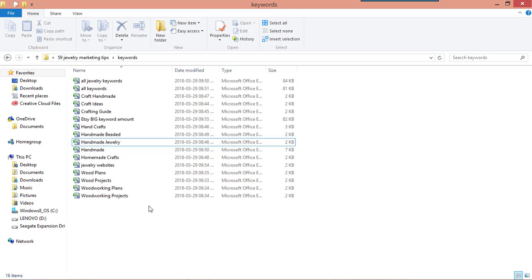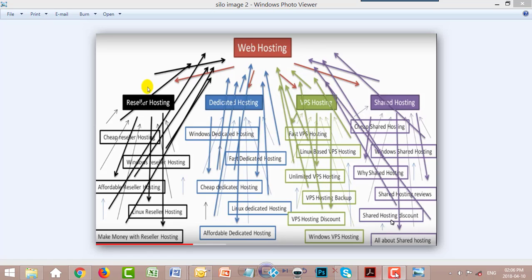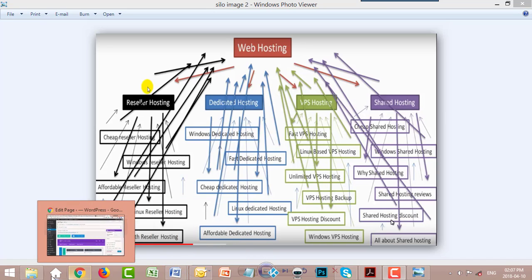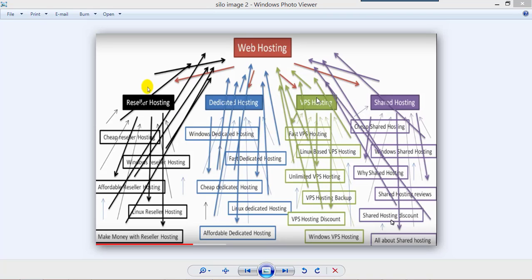Now, to not waste another 5 or 10 minute video on silo structuring, these have to be built into a system on your website that works. In fact, let me pause this video and find you a picture and show you what I'm talking about. Here we go. So this is silo structuring done correctly on your website. You would take these keywords, so perhaps not so many of them, maybe 8 of these, and those would be these titles up here.